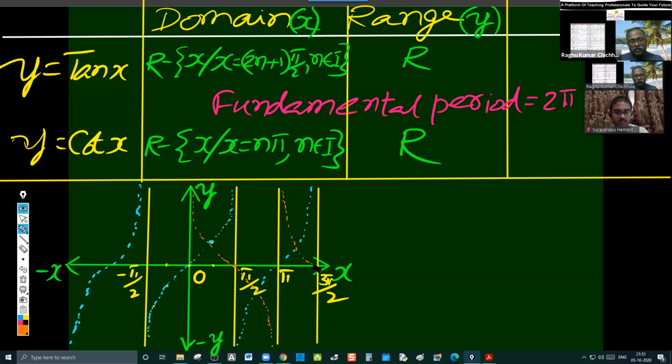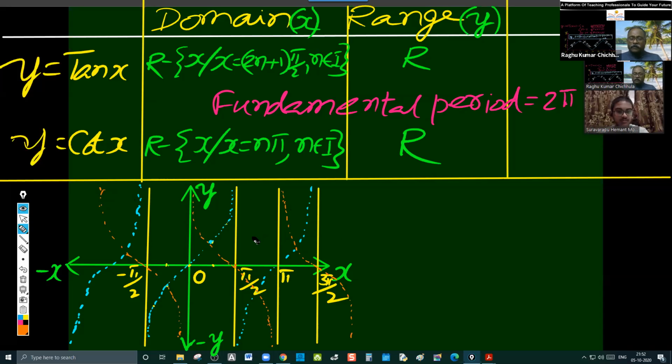It goes like this. Similarly, this one. It goes like this. It goes. Do you understand?